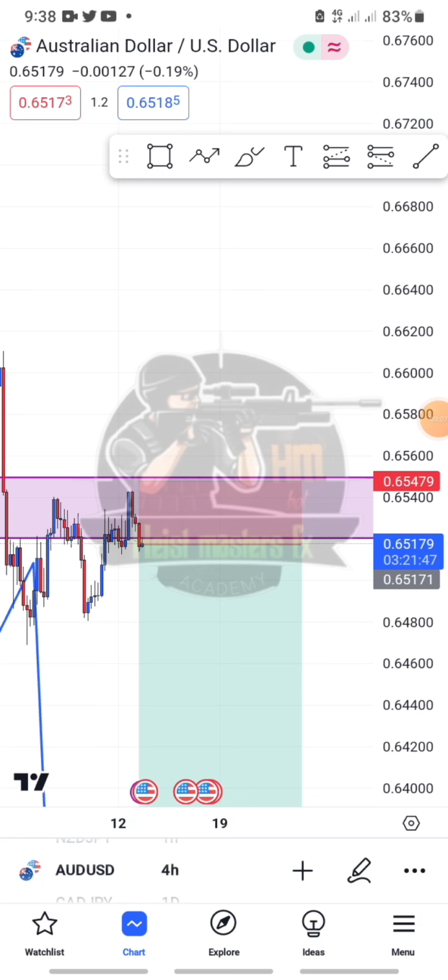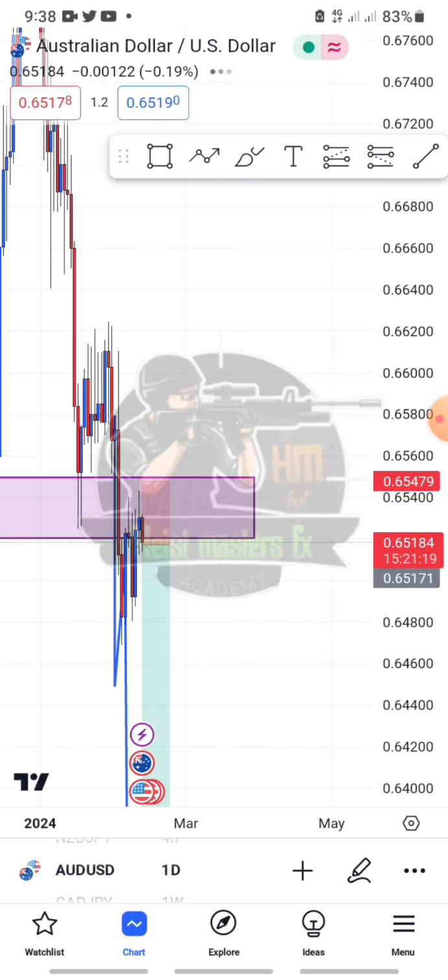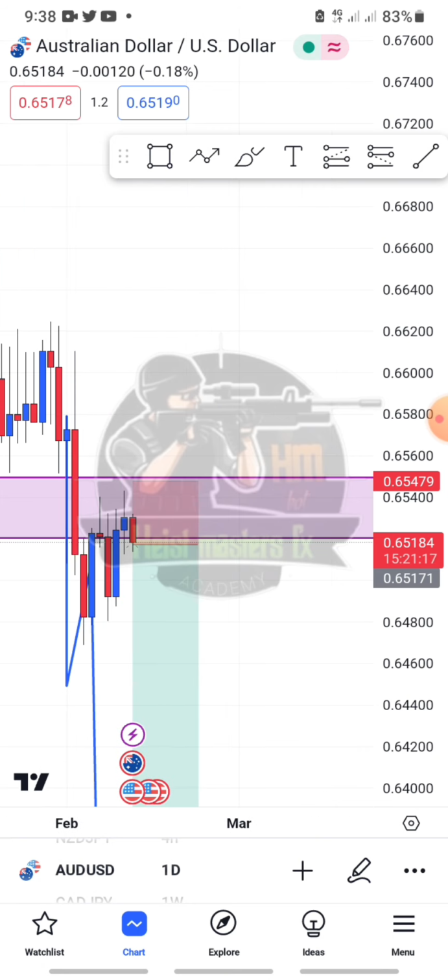Hello my good people, welcome again to our $50 to $10,000 challenge, and today I'm about to take our first trade, and I think it is going to be AUD/USD. Already I have sent it in the Heistfxacademy, and as you can see, we have a clear M pattern here, and this is our area of interest where we had initially marked that we are going to be interested once the price reaches there.